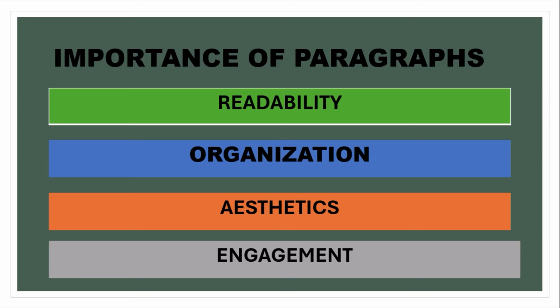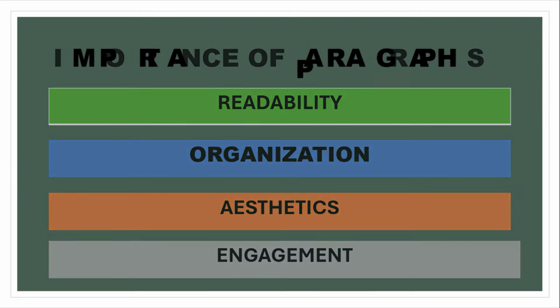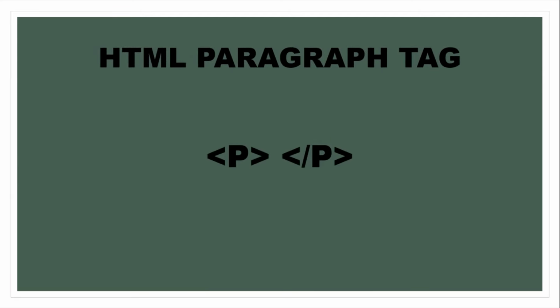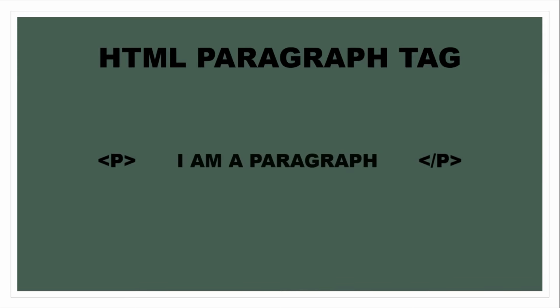Now the question is, how can we add paragraphs using HTML? Well, we do that with the help of the HTML paragraph tag. Like the heading tag, the paragraph tag has two parts. The first part is the opening tag, and the part which has a forward slash is the closing tag. And in between we add the content which is our paragraph.